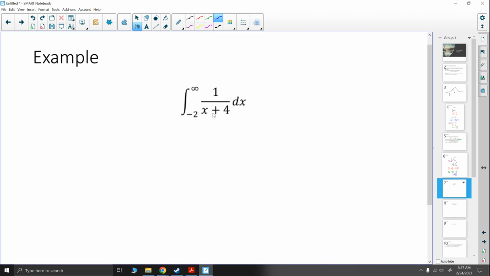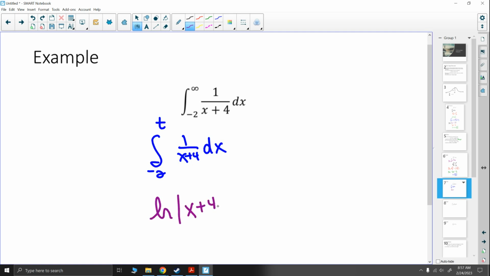So we have 1 over x plus 4. So that means we are going to integrate this thing again from negative 2 to t of 1 over x plus 4 dx. So this would be the natural log of x plus 4.